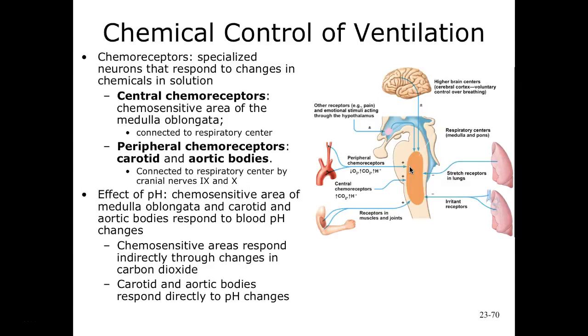But this kind of changes depending on what your body is doing. So if you are in an intense exercise mode, then your carotid bodies are going to respond more rapidly to these changes in your pH rather than this chemosensitive area in your medulla.